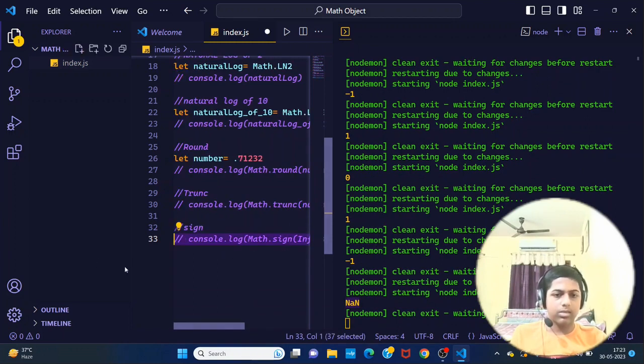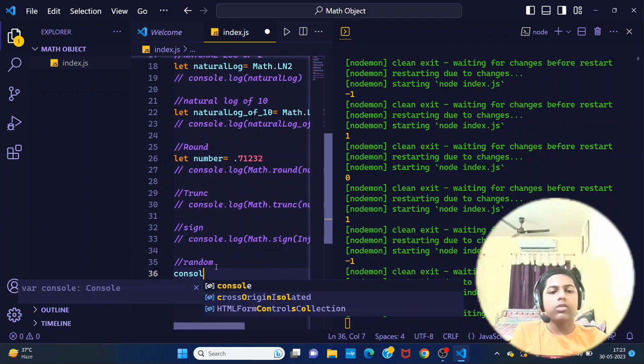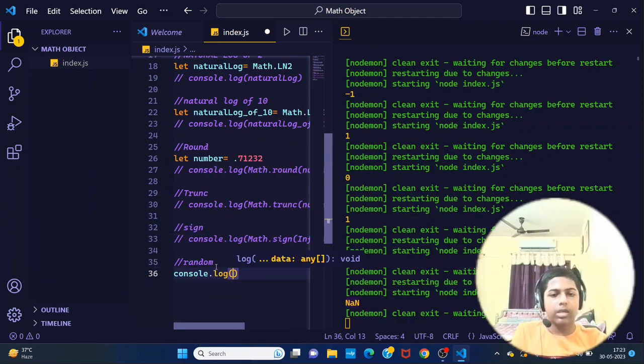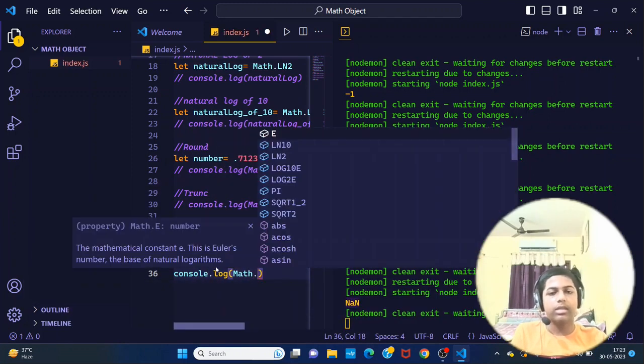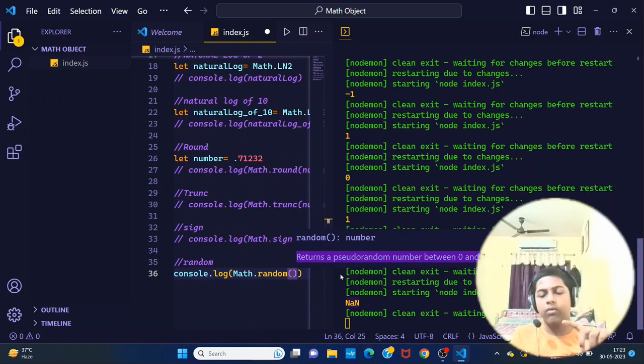So let's comment it out, and after that we have the random function. This is going to be Math.random. You can see here it's written like, returns a pseudo random number between 0 and 1. In Python we also have one random function.